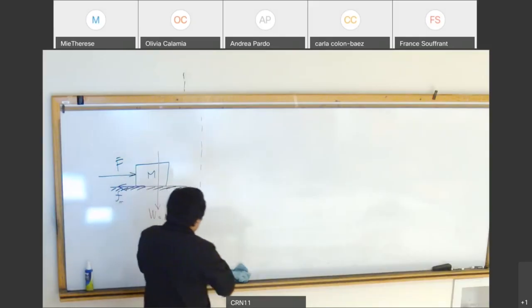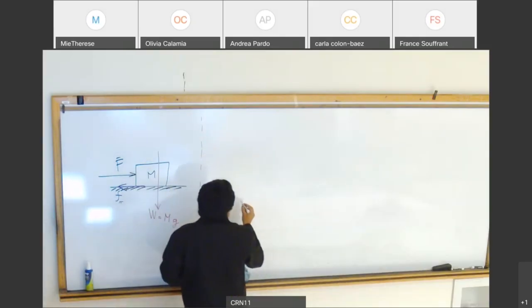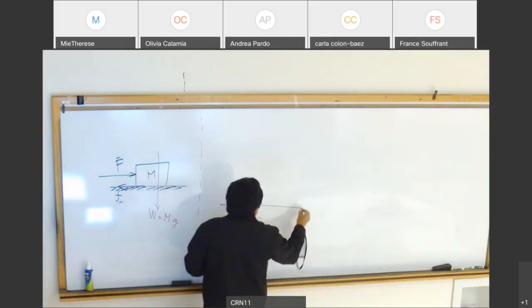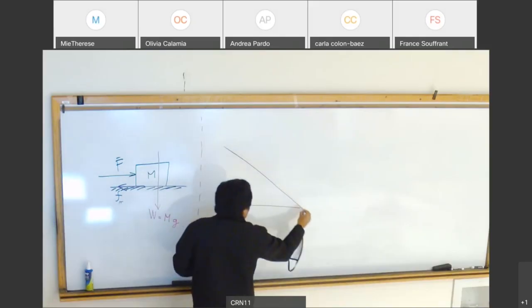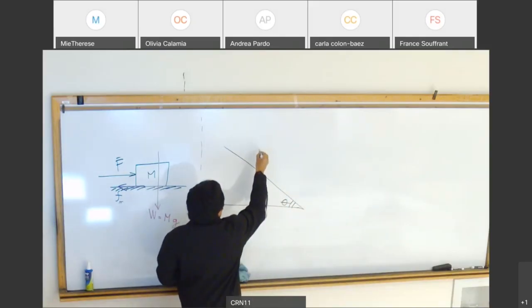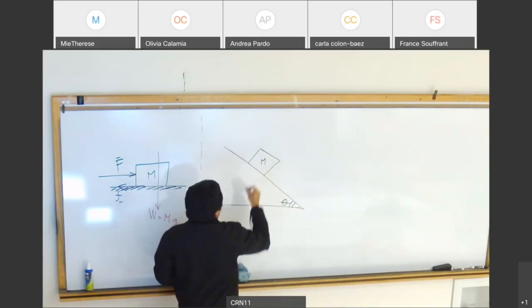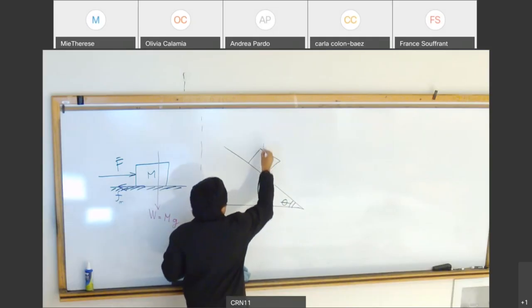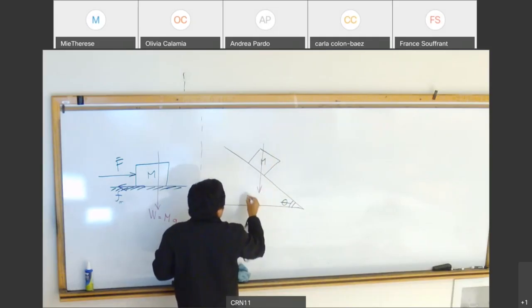If you have, for example, an inclined plane with some angle, the body will fall also due to gravity. But for now, let's just say that gravity is acting, right?